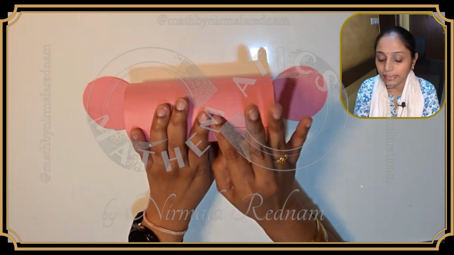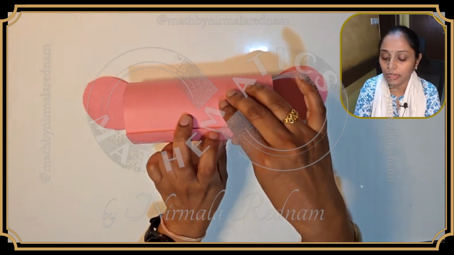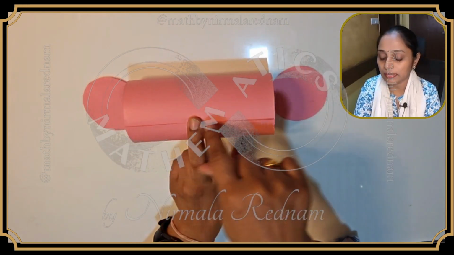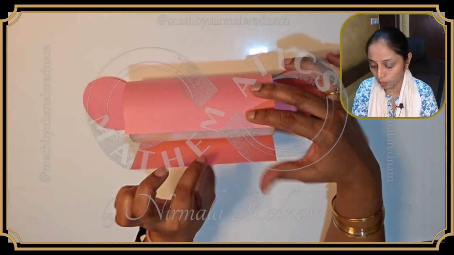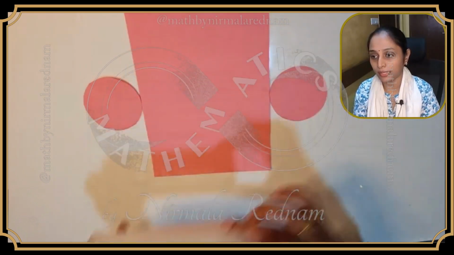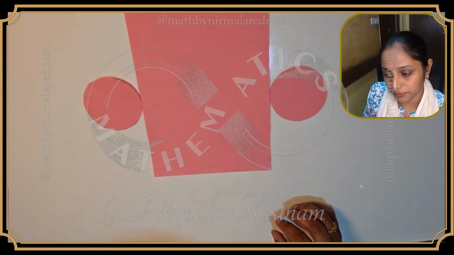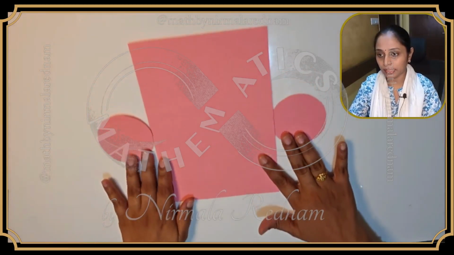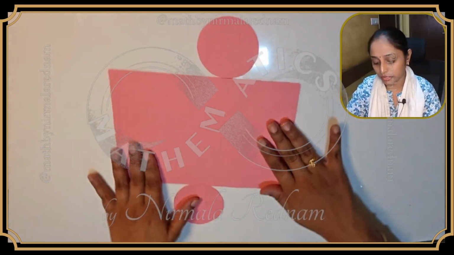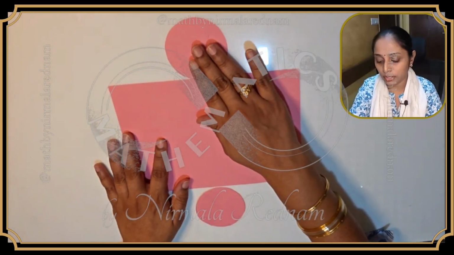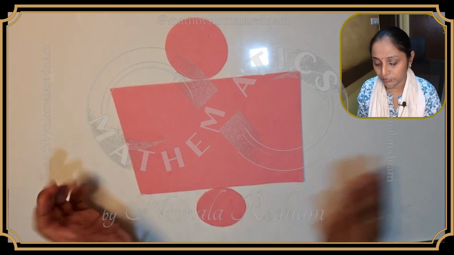And then you will make a cut along the axis. Along the axis, if you make a cut and open it up, you'll be getting a rectangle. So this is the net of a cylinder. You can change the orientation. So this is the net of a cylinder, right?